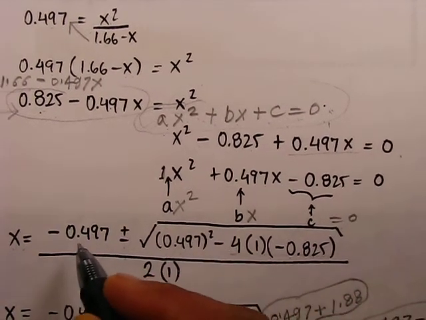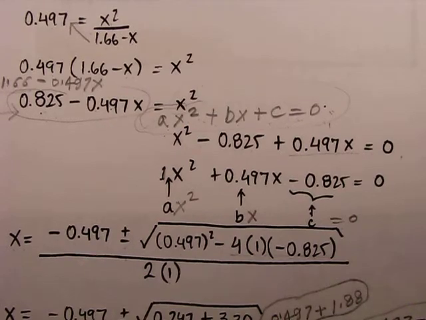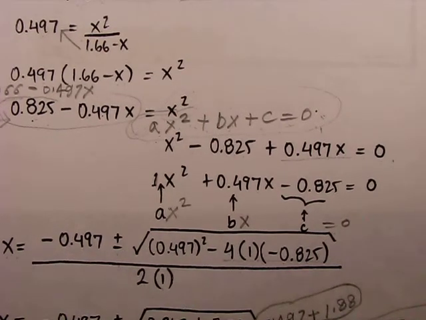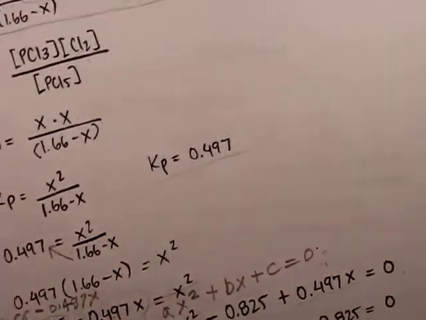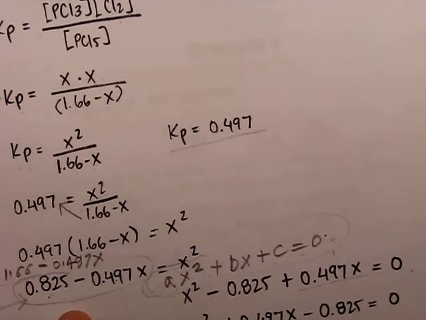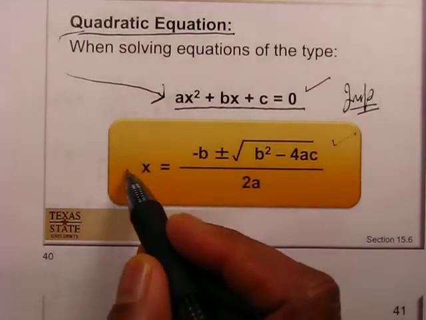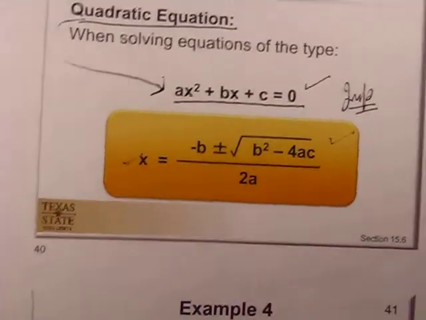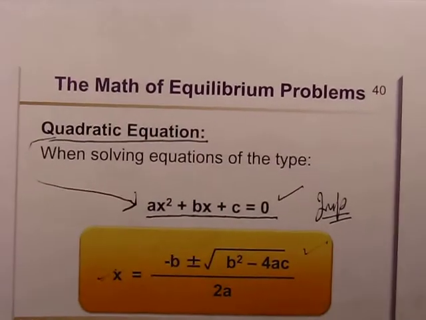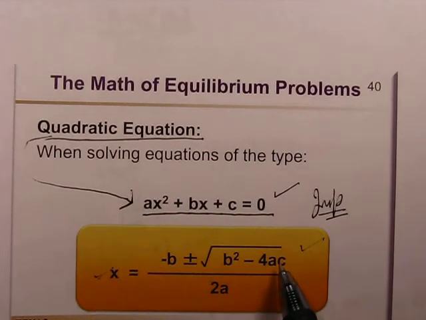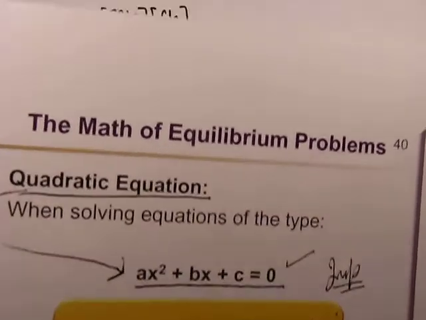So we can solve for x as per my previous formula. If you remember, we have to use this one right now: x equals minus b plus or minus the square root of b² minus 4ac, over 2a.